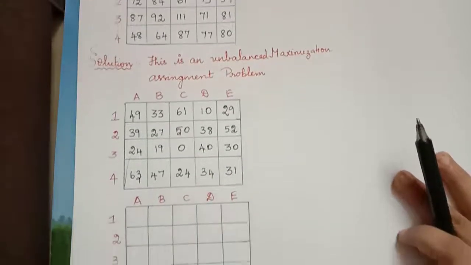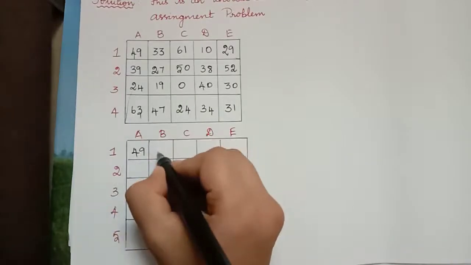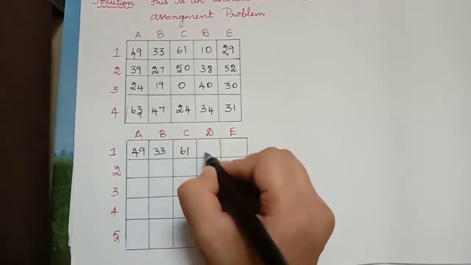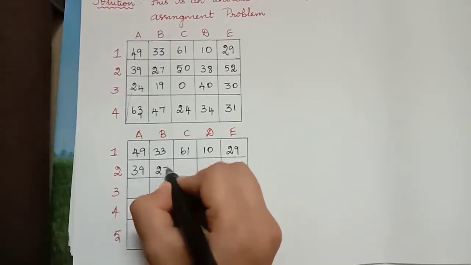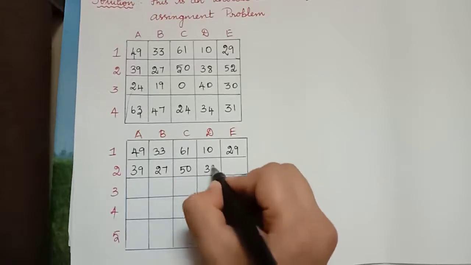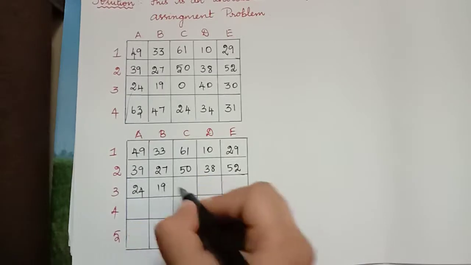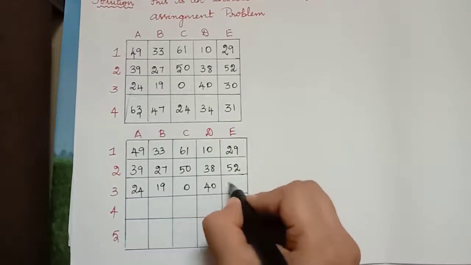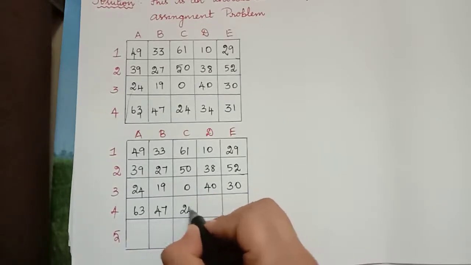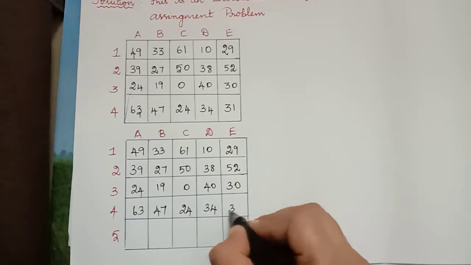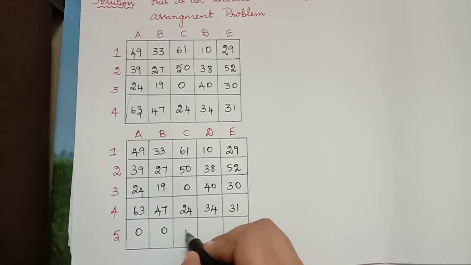So the matrix will be changed as 49, 33, 61, 10, 29, 39, 27, 50, 38, 52, 24, 19, 0, 40, 30, 63, 47, 24, 34, 31, and the dummy row will have the elements 0 in their cells.